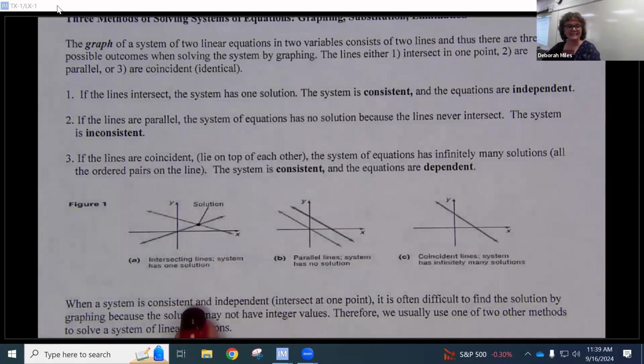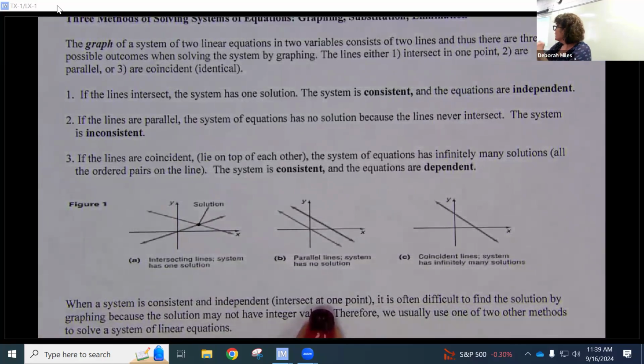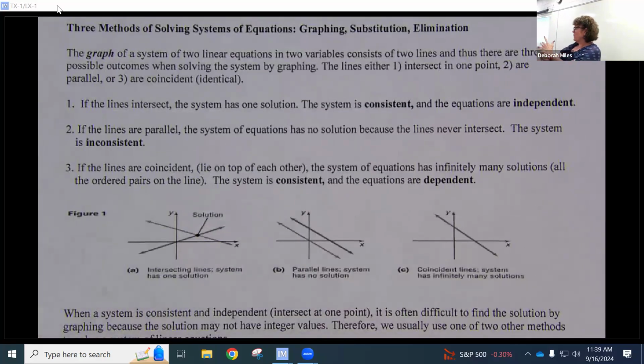When a system is consistent and independent, when they only cross at one point, it can be very difficult to pinpoint that solution, especially if you're not using graph paper and a ruler, or if the solution's not a whole number. Let's say I had two lines that crossed at the point 1/8, 1/3.